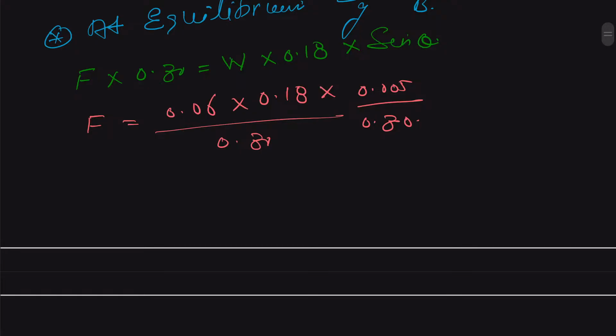So we get the value of the force, that is F, approximately equal to 6 into 10 to the power minus 4 newtons. Okay, so this is the force of repulsion between the two wires, that was our F.